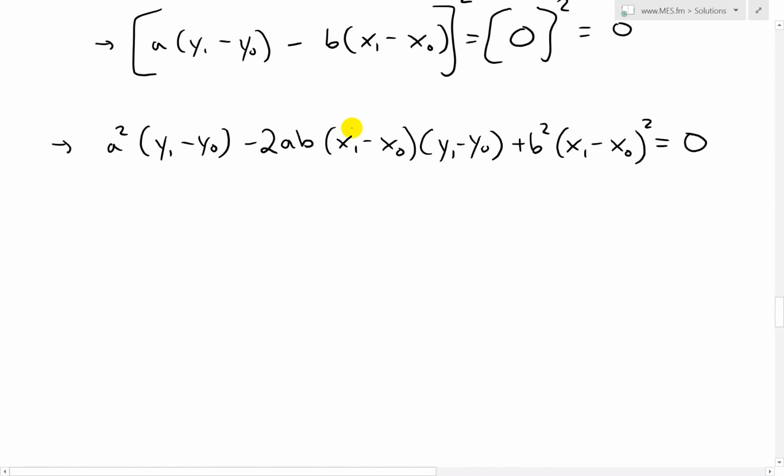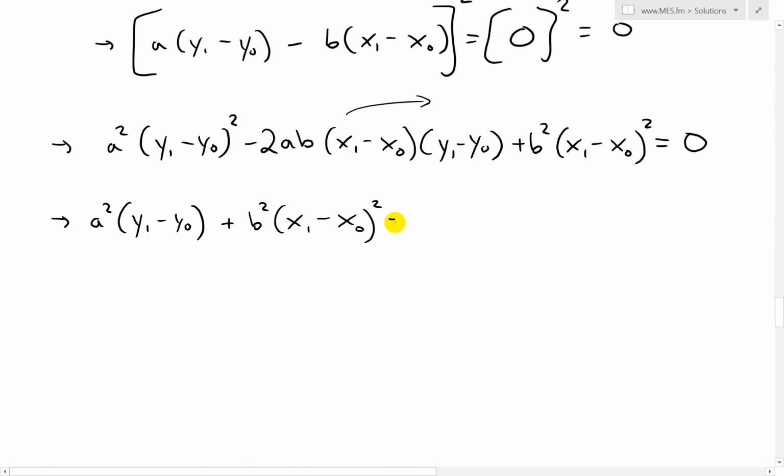If we move this over to the other side, we get a squared (y1 minus y0) squared, I forgot the squared there, plus b squared (x1 minus x0) squared equals 2ab (x1 minus x0)(y1 minus y0).